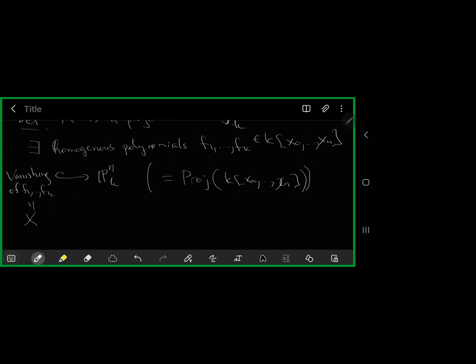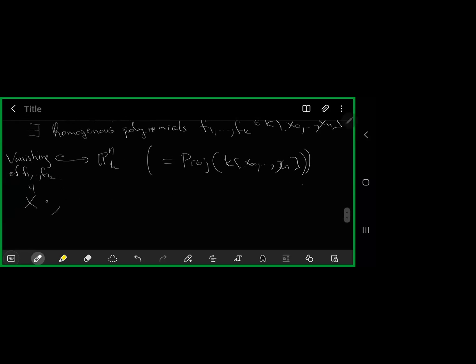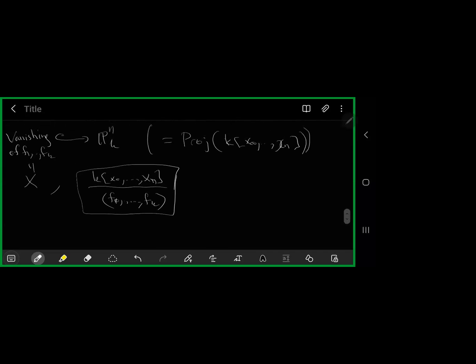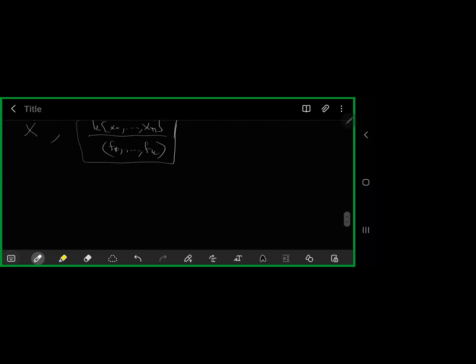So I don't want to just remember the points where f1, ..., fk vanish, but I also want to remember X with the functions on X. And the way to do that is to remember this ring, modulo (f1, ..., fk). So you have to remember this ring. Right. Now we have a notion of the projective variety.